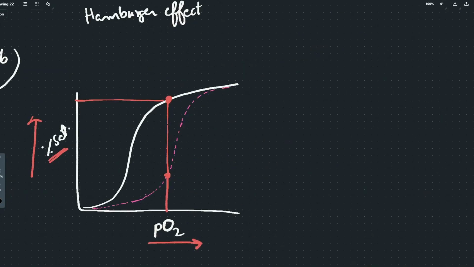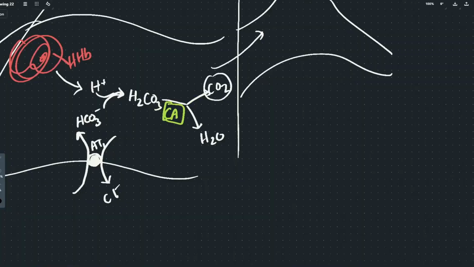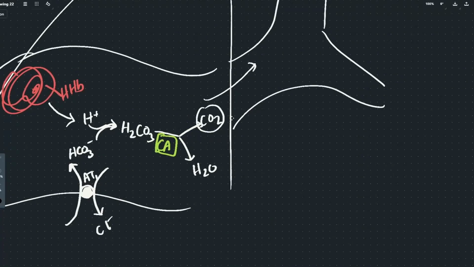Now, here something opposite will actually happen. Here the CO2 will be released. So CO2 will be released, or proton will be released, from the hemoglobin. So this will cause the loading of oxygen.